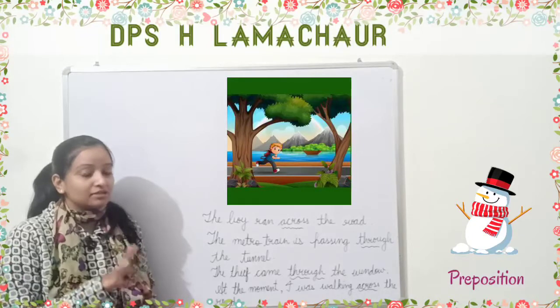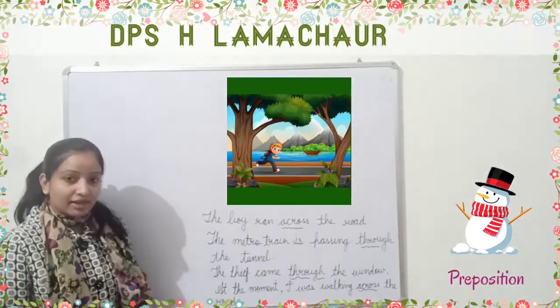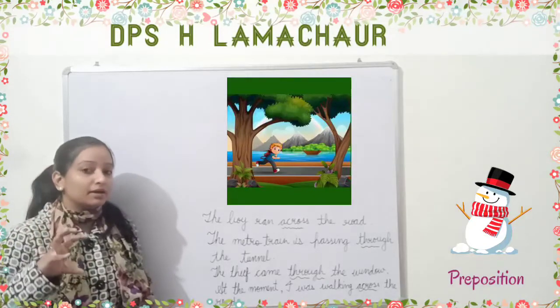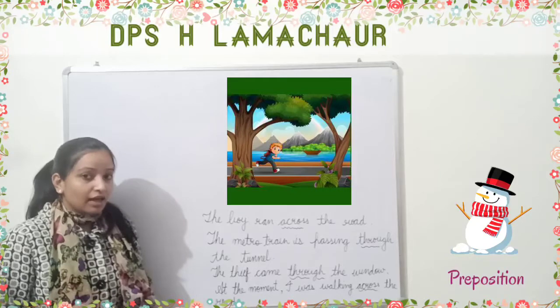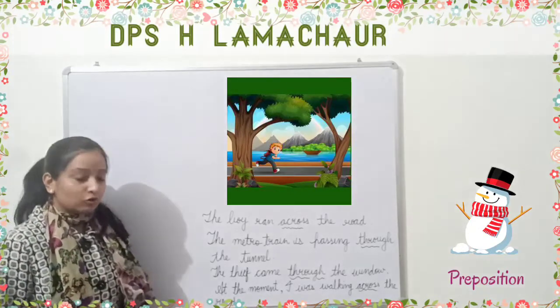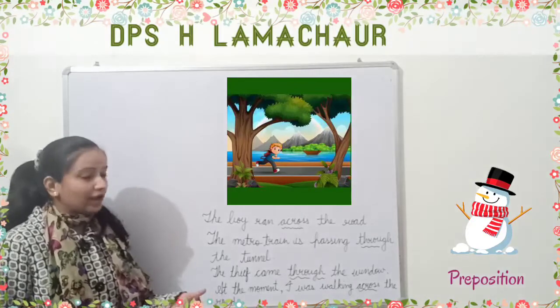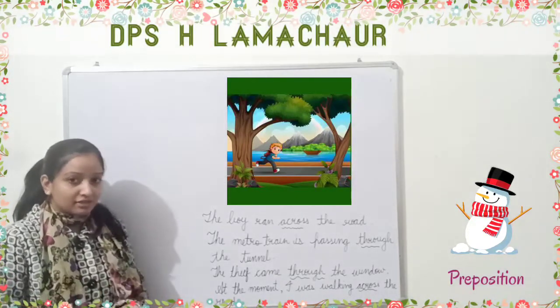when something or someone is not enclosed by the other thing, and it is not going within it, then we use across. Like the boy ran across the road. The road is a flat surface.